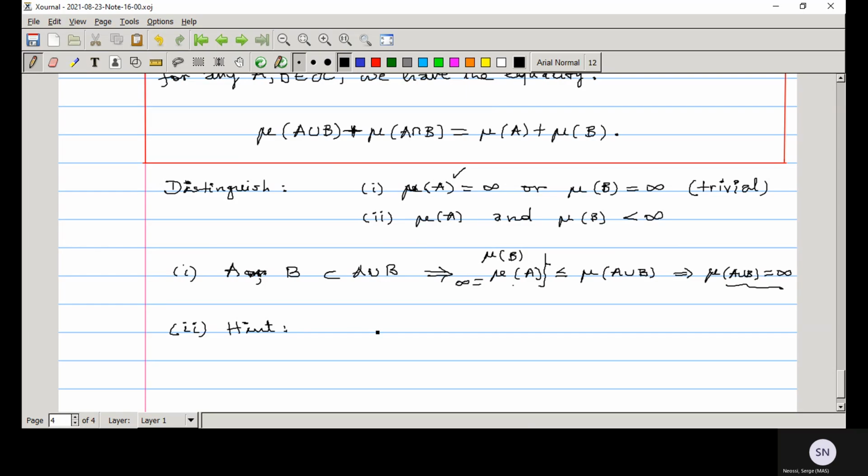A union B, comma, A, comma, B in terms of A intersection B, because you need to have the intersection A intersection B, so you have to express these three in terms of that.